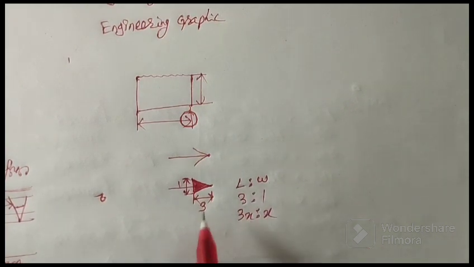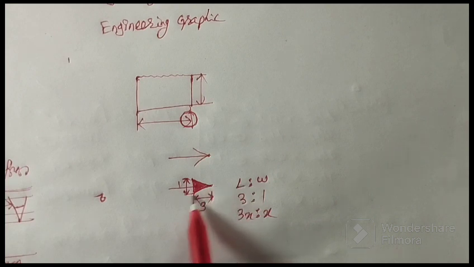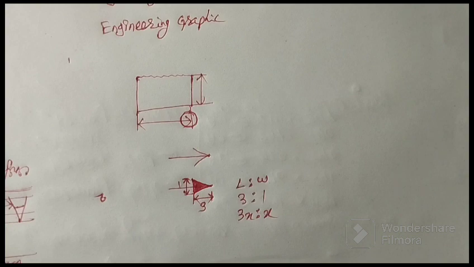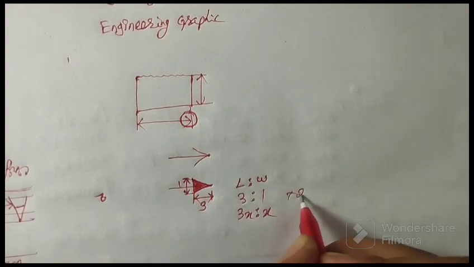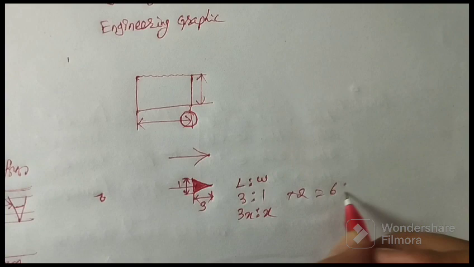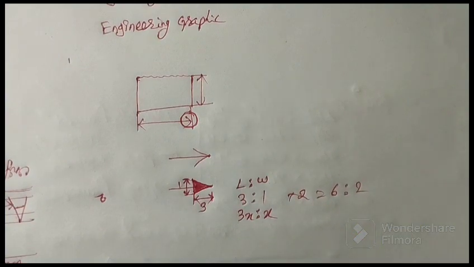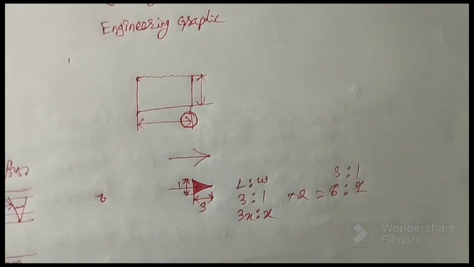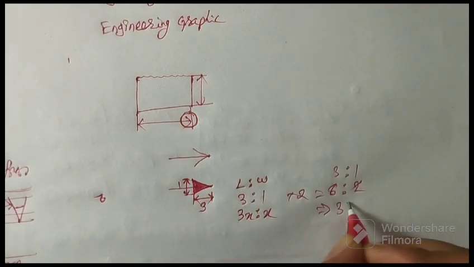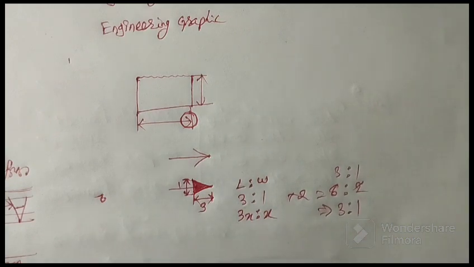It means that if the length of the arrow is 3 units, then its width should be 1 unit. But if your drawing sheet is big, you can multiply 3:1 by 2 and get 6:2. But still, the ratio is 3:1. So always try to maintain the ratio 3:1.